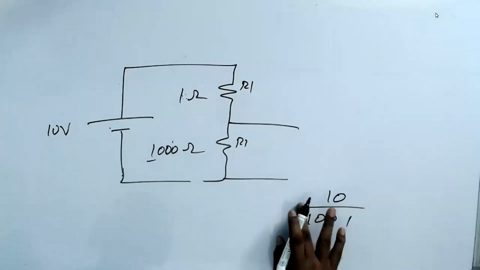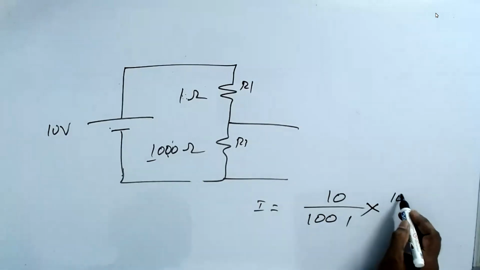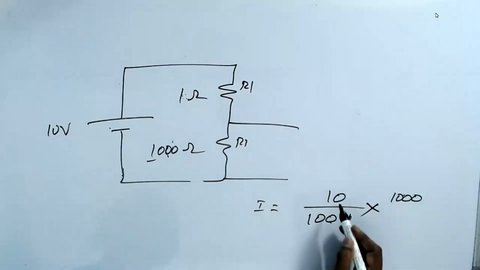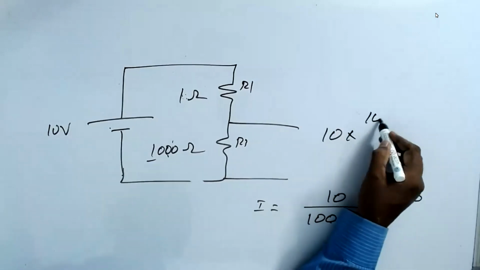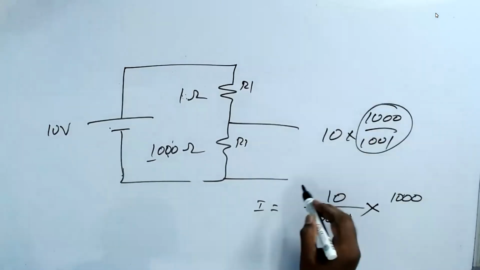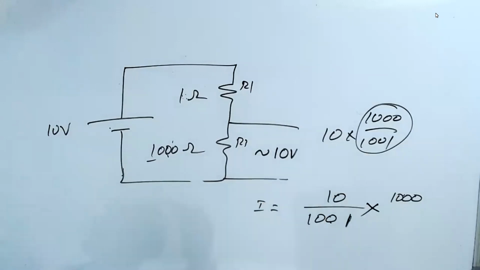This is what I. I into R is 1000. So how much is it coming? 10 into 1000 by 1001. This is almost 1, so you can say that it's approximately 10 volt. Or you may call it 9.999 volt.